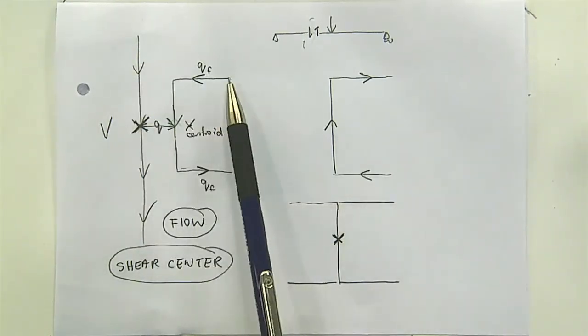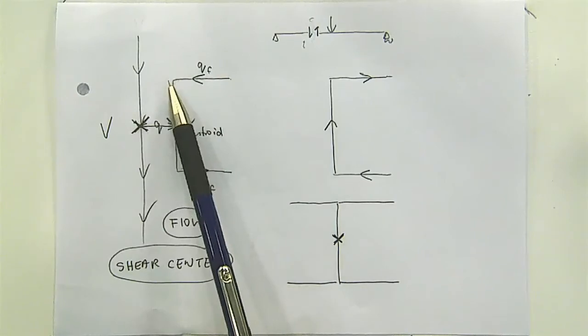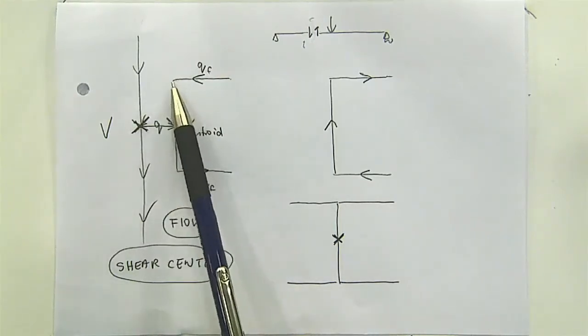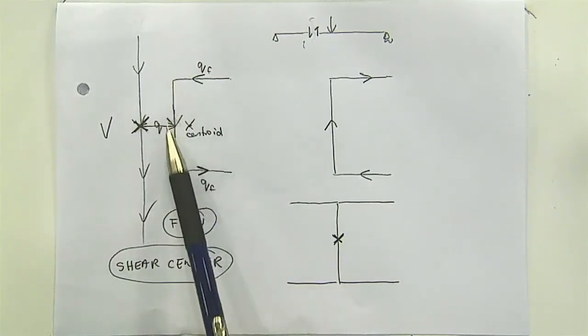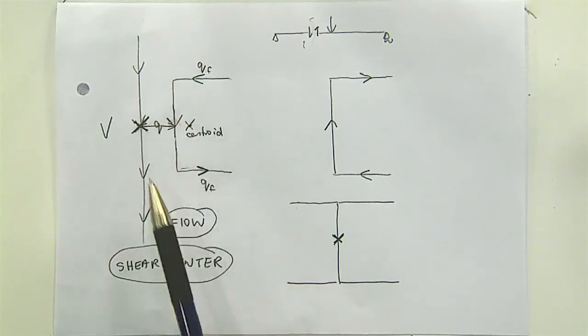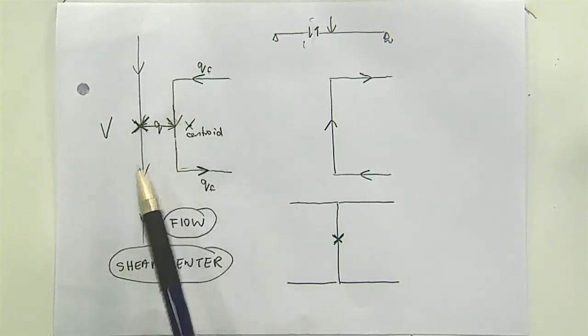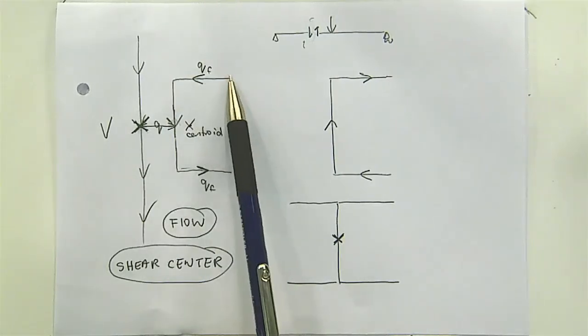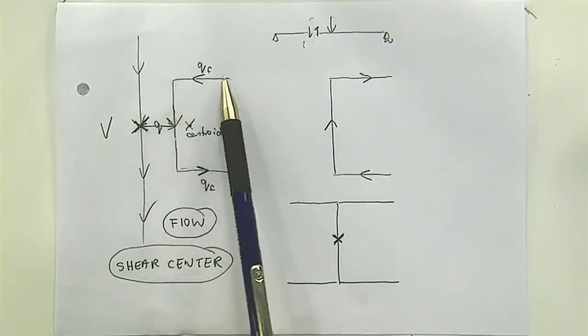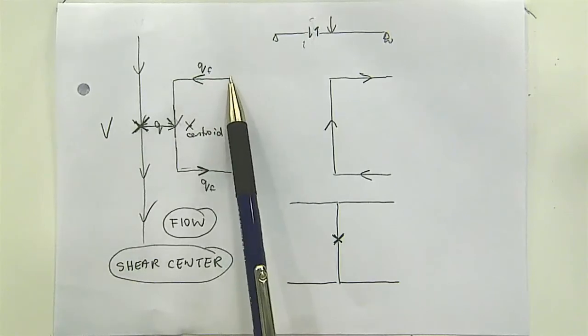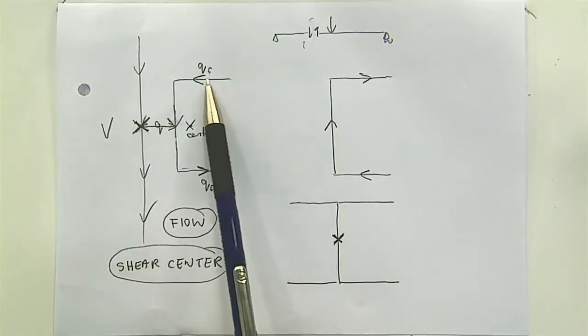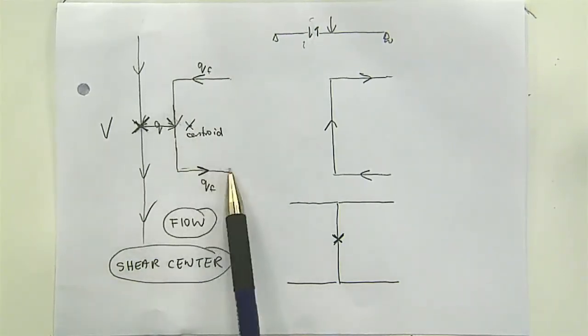So when we've got the shear center, we can follow what's known as the shear flow down the section. We've already said that most of the shear is taken by the web. So this vertical member down here is taking most of the shear force. But there will also be the complementary horizontal shear force, or the shear flow, going in from that flange and going in from that flange.